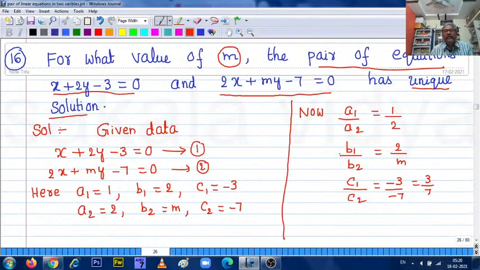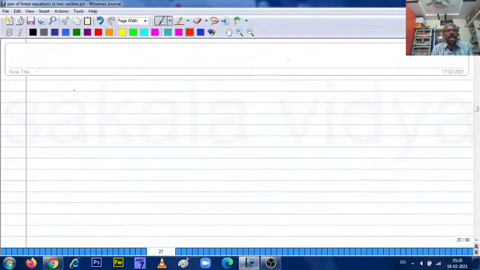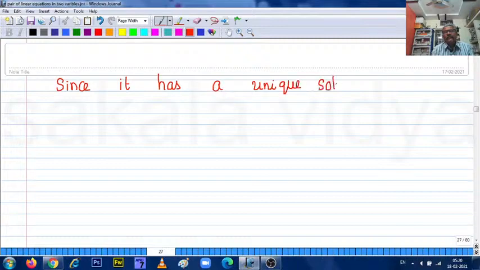Yes, 16th question. a1 by a2 equals to 1 by 2, b1 by b2 is equal to 2 by m. Since it has a unique solution, a1 by a2 does not equal to b1 by b2.